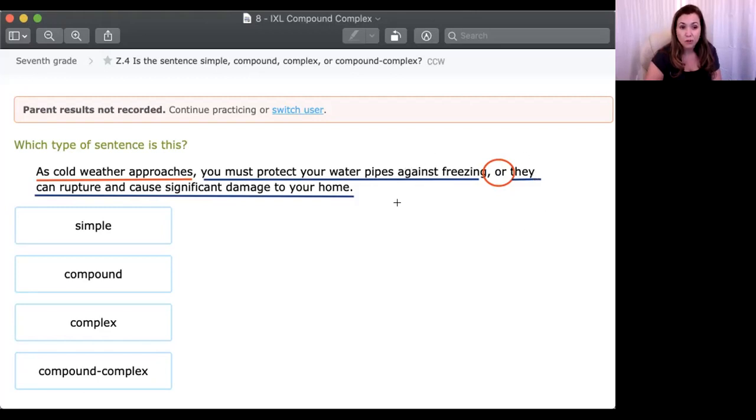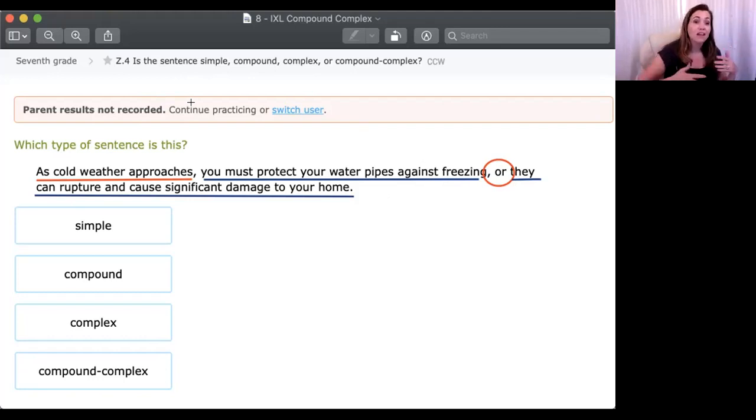So these two independent clauses with the comma and the or create a compound sentence. But because we started this sentence with as cold weather approaches, and that is a dependent clause, we've now upped the ante and we've made the compound complex sentence.